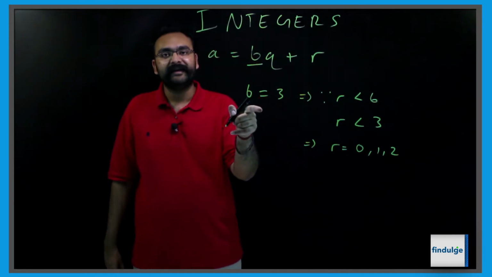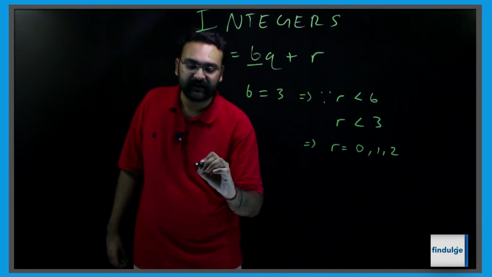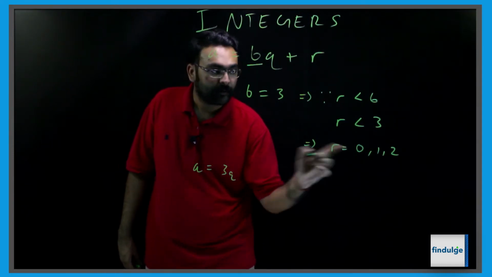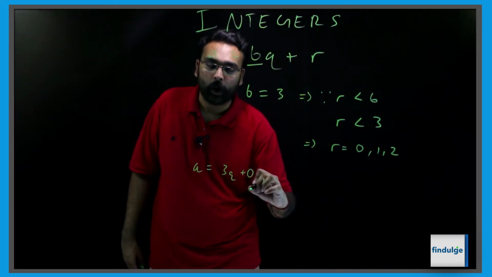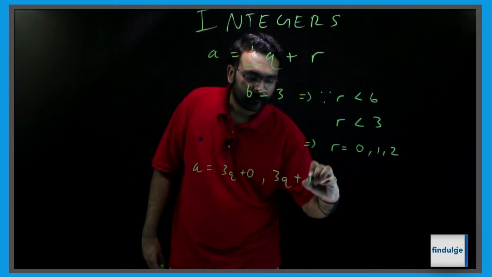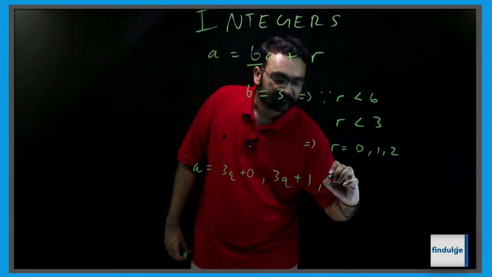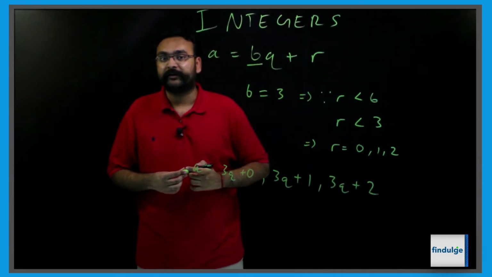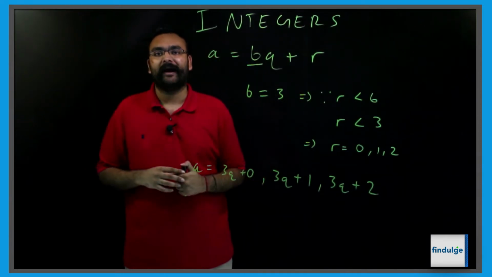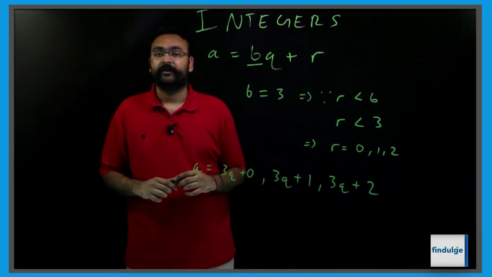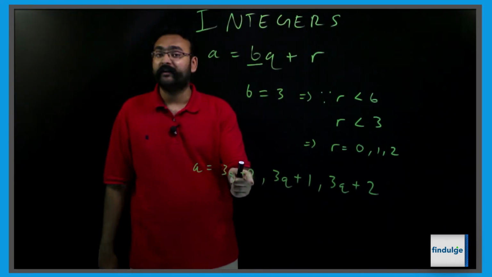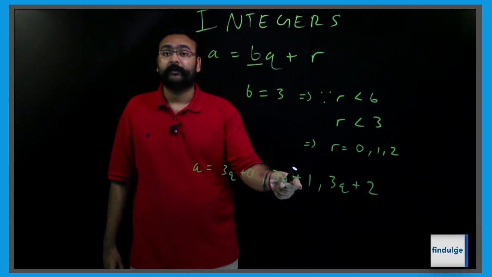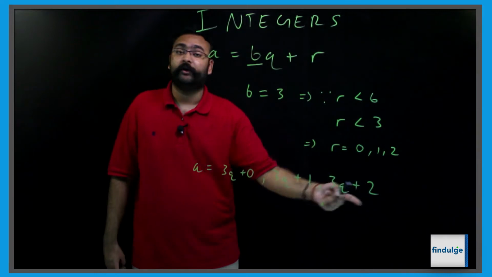Meaning that when my b is set to be 3, every integer is of the form 3q plus 0 or 3q plus 1 or 3q plus 2. And if you think about it, if you pick any integer in your mind and divide it by 3, you will see either it will leave no remainder, meaning it's a proper multiple of 3, or it will leave the remainder 1, or it will leave the remainder 2.